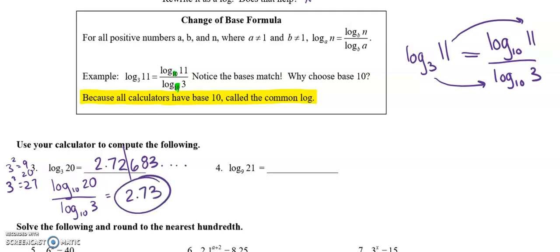Were we expecting something in the twos? We were. Would I expect it to be greater than 0.5? I would, because 20 is closer to 27 than it is to 9.